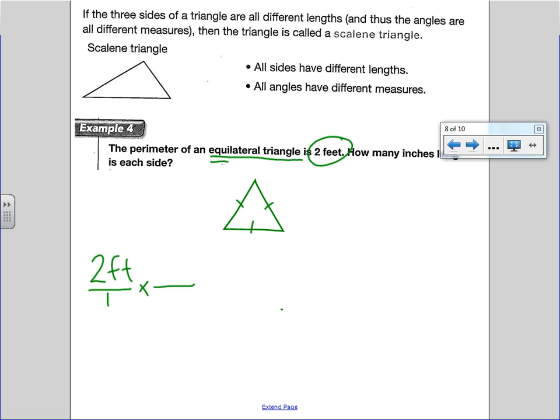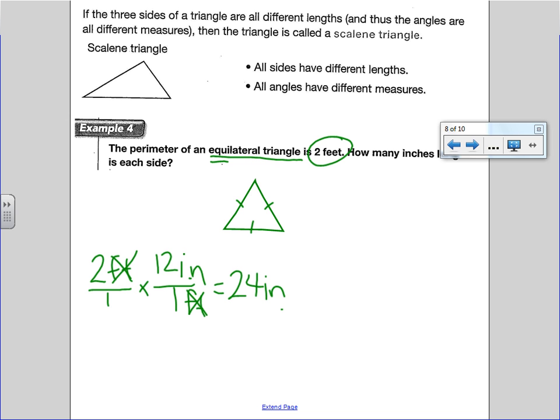I want to cancel feet. Feet is in the top here, so it must be in the bottom here. And I'm changing it to inches. So inches goes, whoops, I just put 12. So inches has to go on the top. Please remember that we have to have them in opposite places in order for those units to cancel. We know that 12 inches is equal to 1 foot, so feet and feet will cancel. That leaves me with 2 times 12 inches, which is 24 inches.